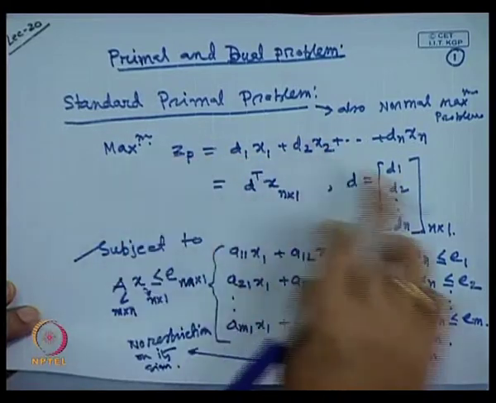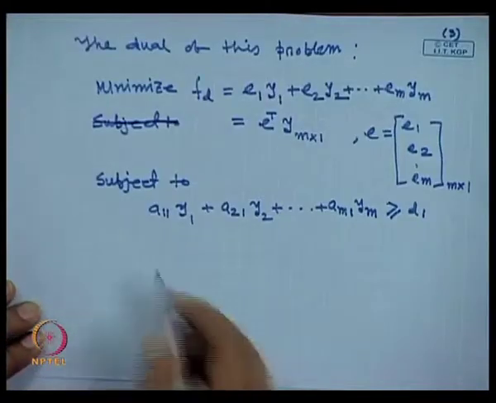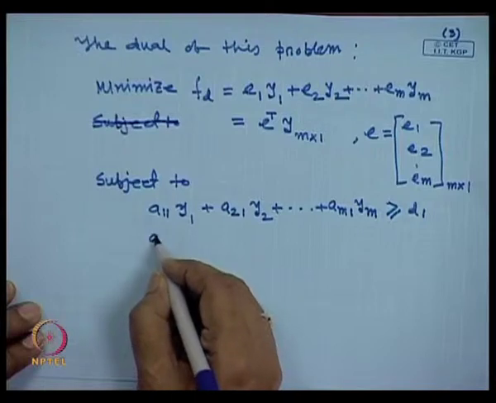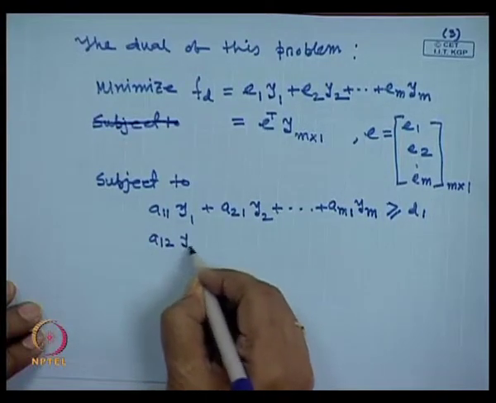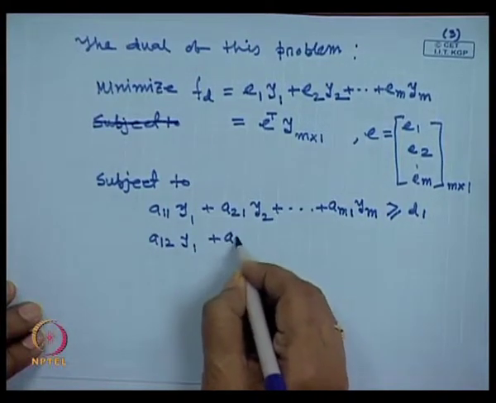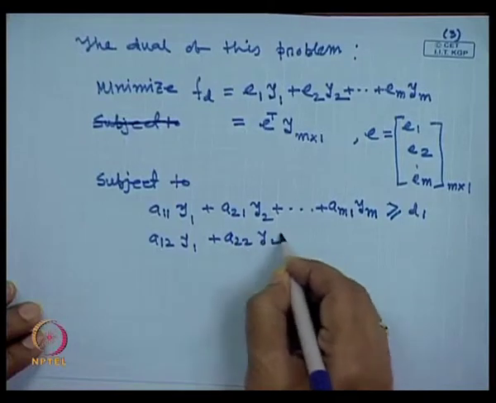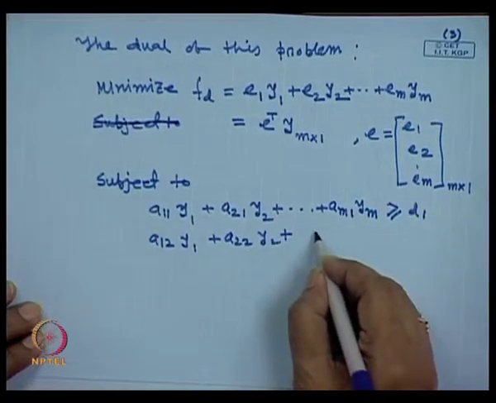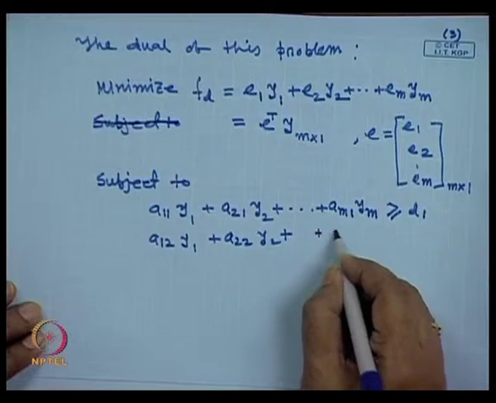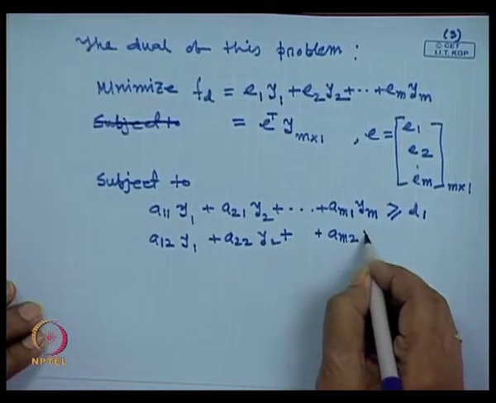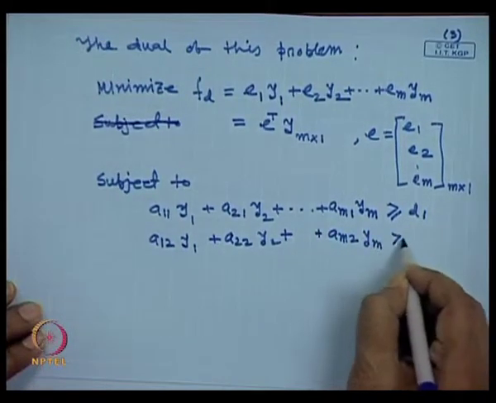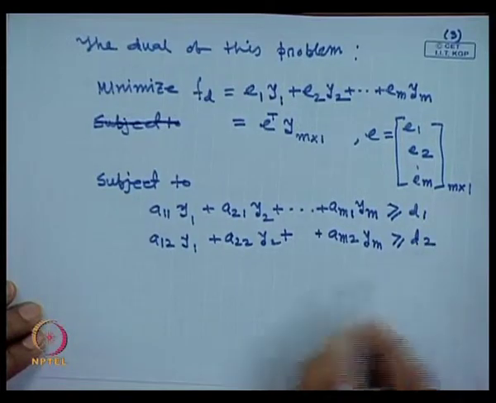So I can write it as A12 Y1 plus A22 Y2 plus and so on, plus Am2 Ym, greater than or equal to D2.